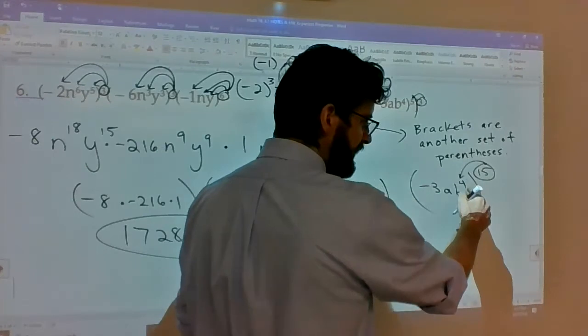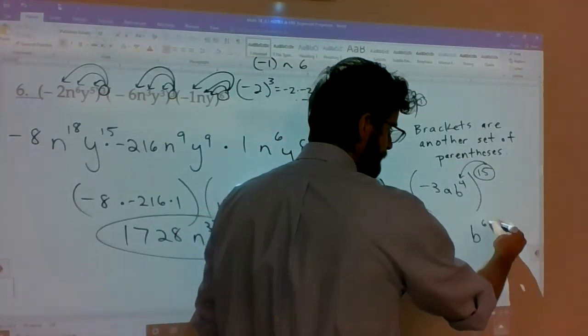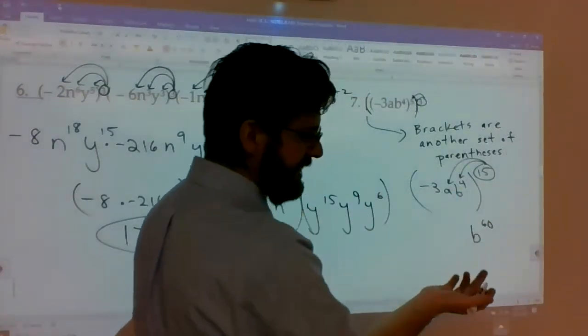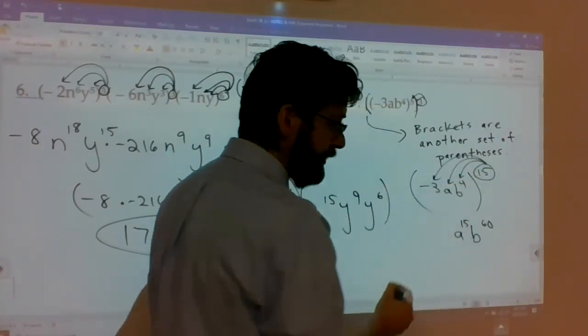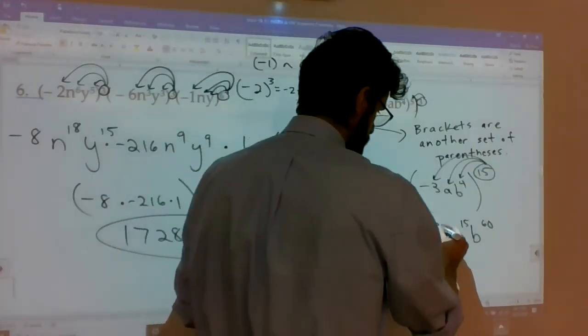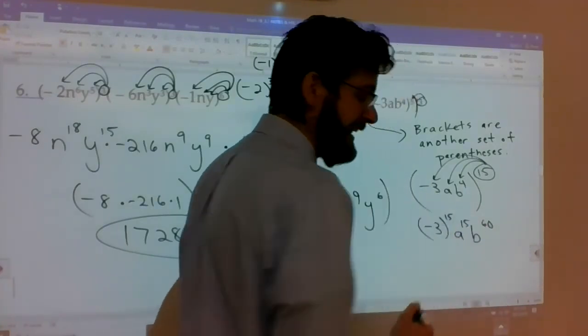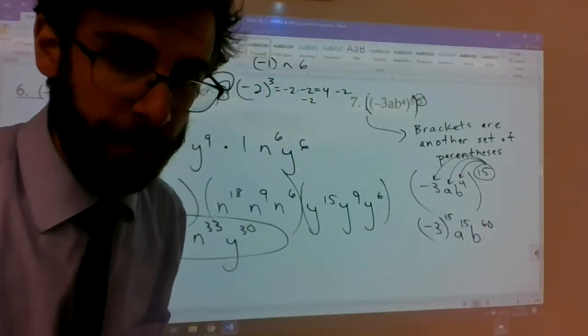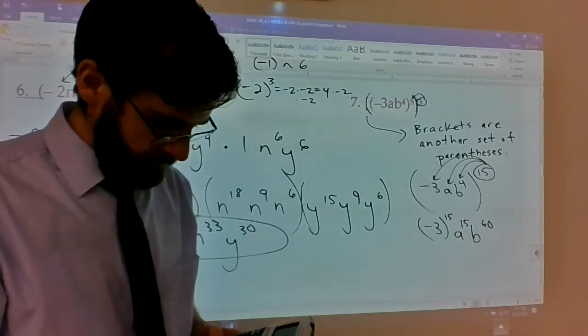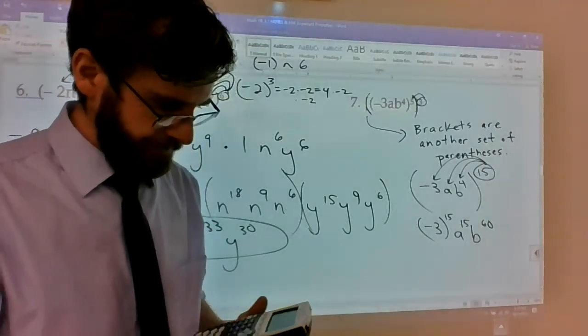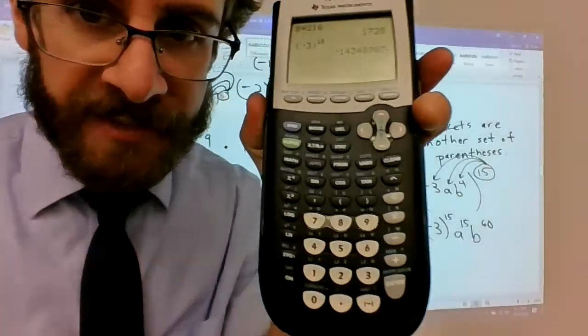So it's going to be b to the 60 power, a to the 15, and then negative 3 to the 15th power. That's going to be an extremely large number. It's not negative 45. It's this number.